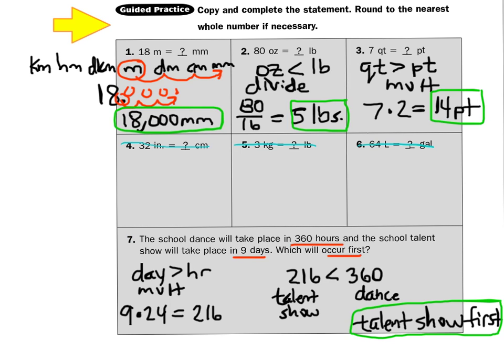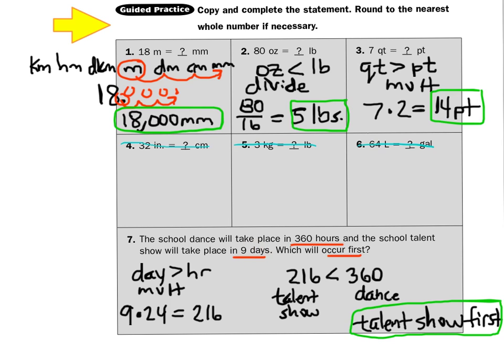The school dance will take place in 360 hours, and the school talent show will take place in 9 days. Which will occur first? So we're going to change the days into hours, so put the day and then the hour, and you know that a day is greater than an hour, so it would point to the right, so we would multiply.